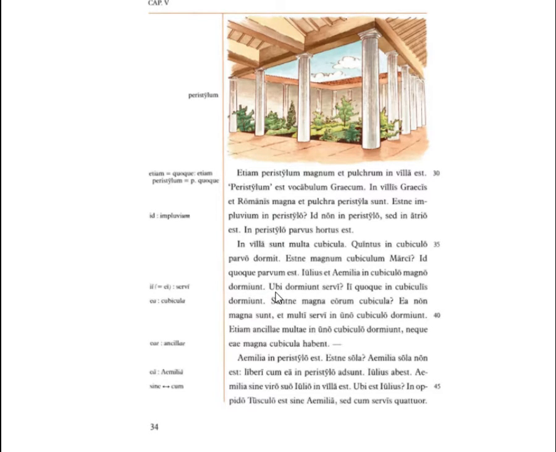Oh, and look at that. We have ubi dormiunt servi. Oh, it's the exact same thing. I quoque in cubiculis dormiunt. Remember, I means they, because it's the personal pronoun, not the relative pronoun. Ubi dormiunt servi. I quoque in cubiculis dormiunt.